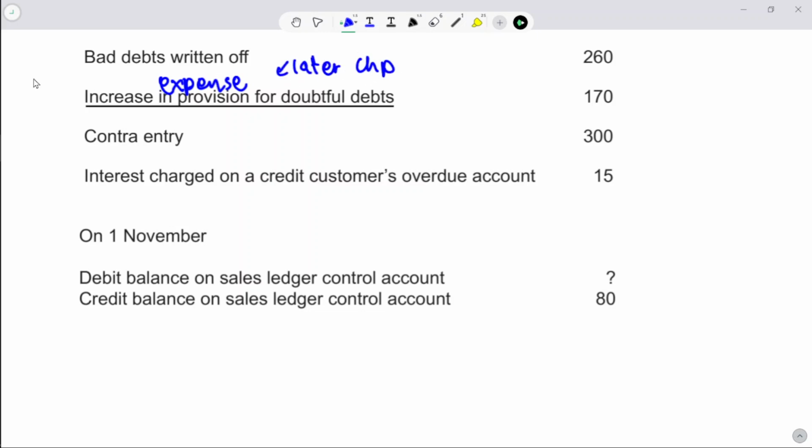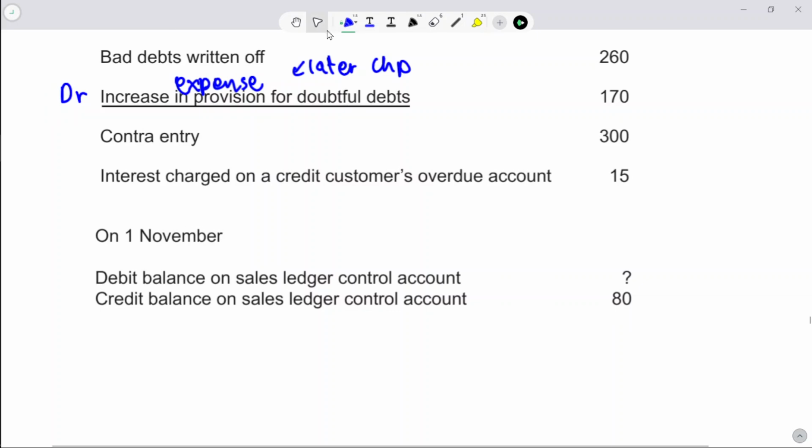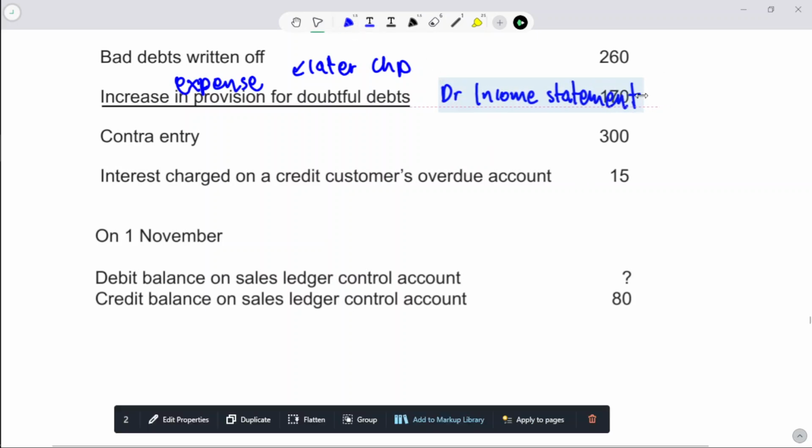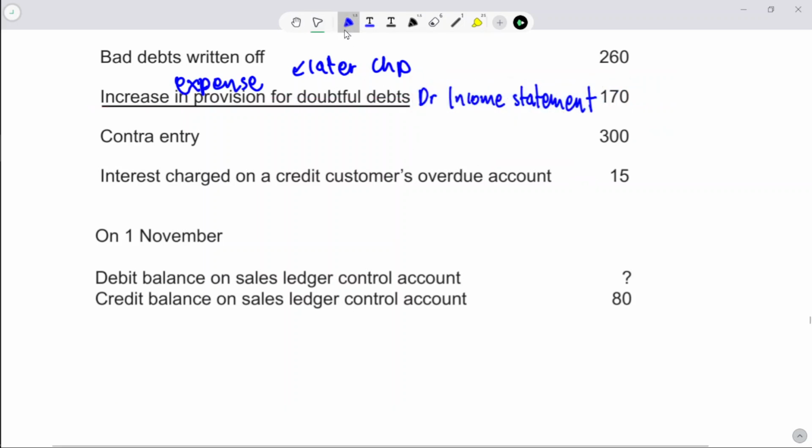So this one you will debit the income statement, then you will credit provision something.